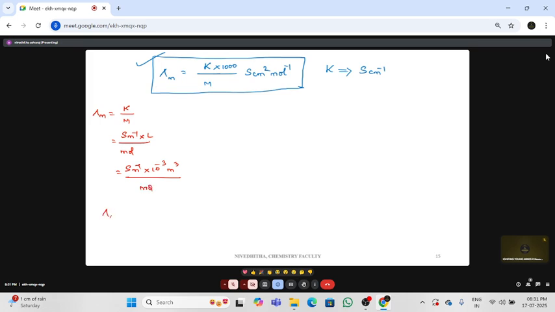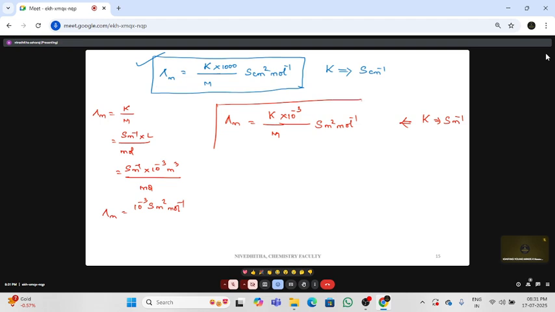So lambda m is equal to 10 power minus 3 Siemens meter square per mole. Right, that's it. So in your problem, if kappa is given in terms of Siemens meter inverse, then please use this formula. Lambda m is equal to kappa divided by molarity, and now it is 10 power minus 3 Siemens meter square per mole. So you have to be very careful with the unit of kappa.